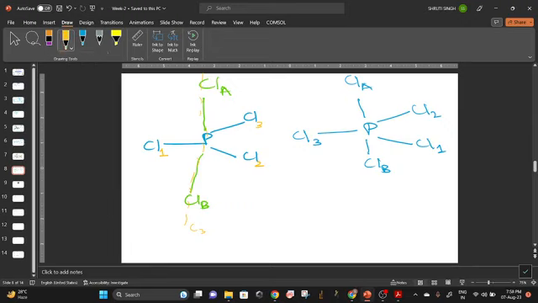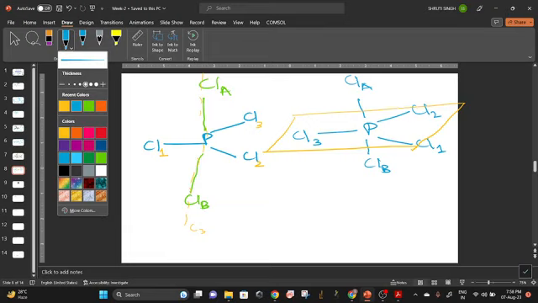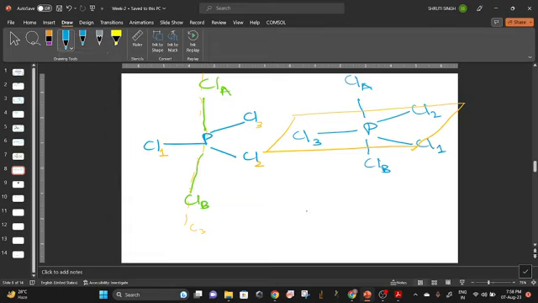With the perpendicular reflection like this will be the plane. So now these Cl1, 2 and 3 and phosphorus are in the plane, so nothing will happen to them. Their lobes may get changed, but the atoms won't change their place. But this Cl A and Cl B will get exchanged. So this will be B, this will be A, and the other things will be as it is, 2, 1 and 3. So this is the case of S3.